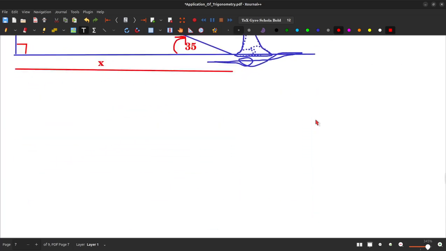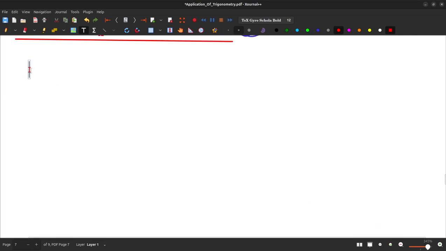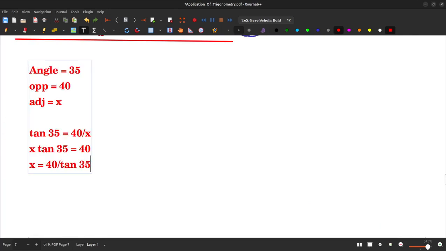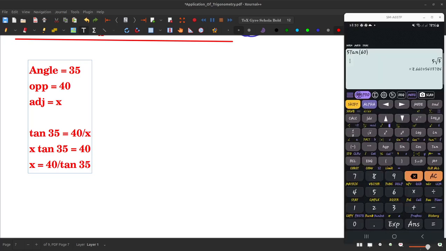Putting our working here so that we can bring in our calculator. We want to calculate 40 divided by tan 35.